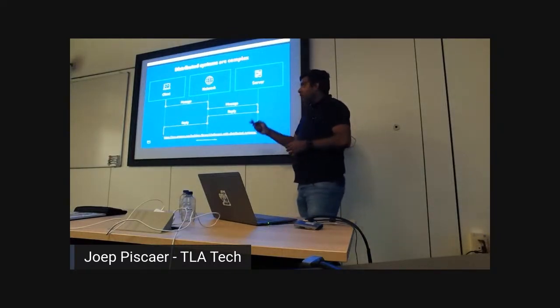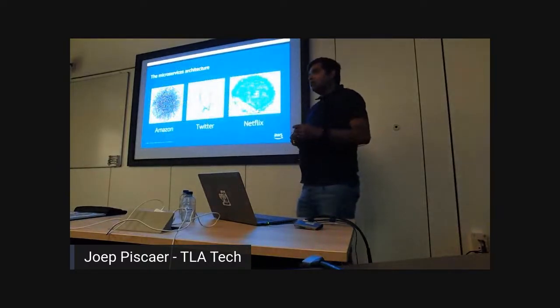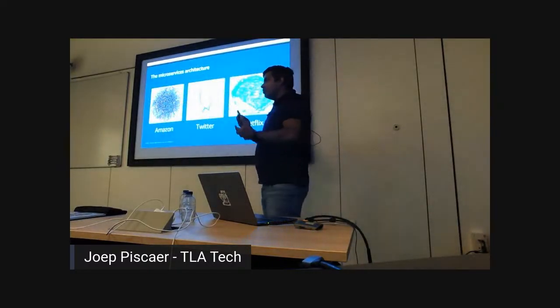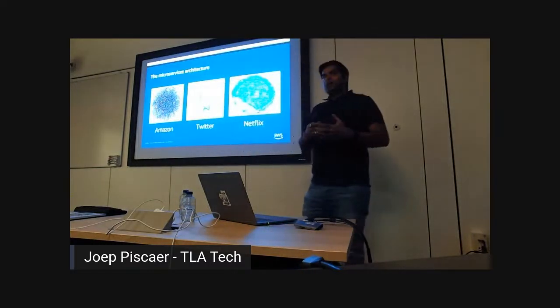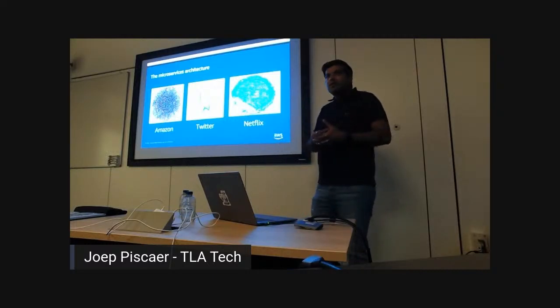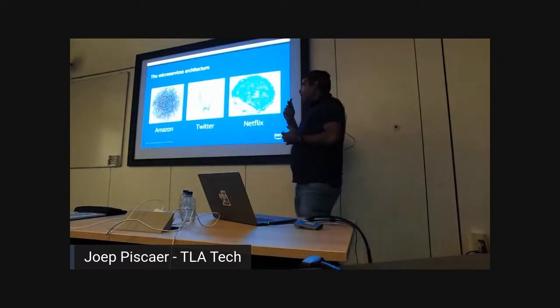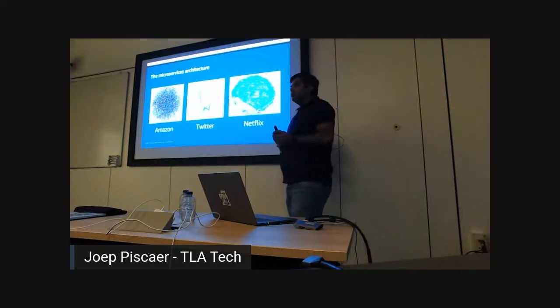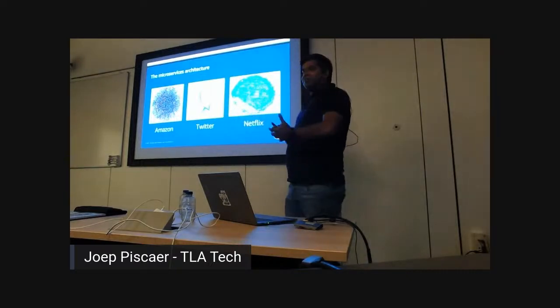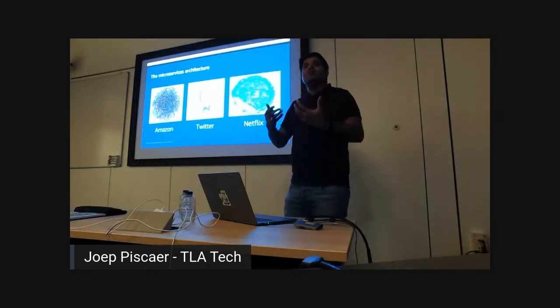If this is complex, then think about these ones. This is basically the service dependency diagram of Amazon, Twitter, and Netflix, where hundreds of microservices are connected together, making the whole system work. The job of the software engineers working there is to make sure that all these services work together well.